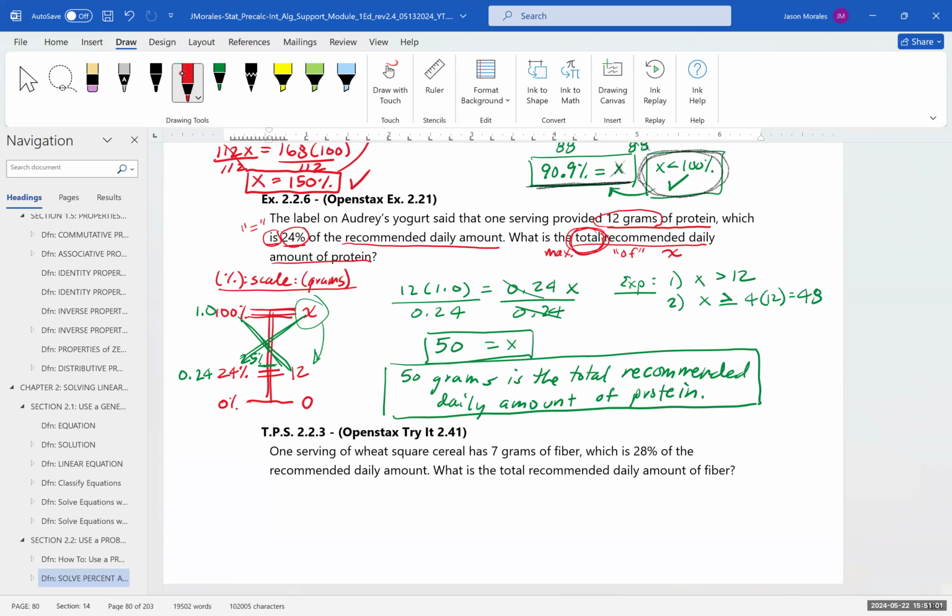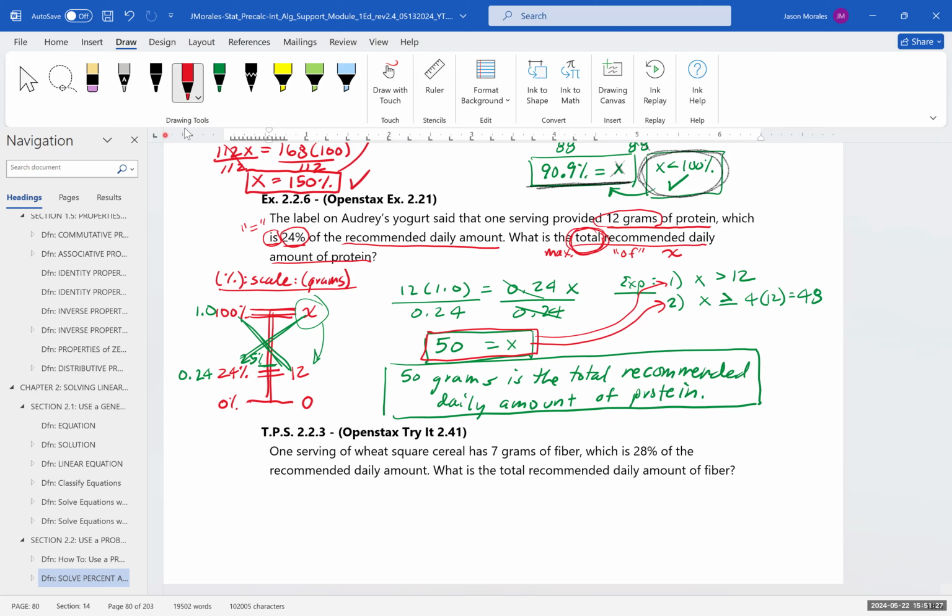And as we can see here, this answer of x equals 50 satisfies this first expectation that it's greater than 12. But then when we go a little bit further, and look a little harder for more detail, we can see that we expect our answer to be greater than or equal to 48. And 50 is greater than or equal to 48. So I feel really confident in that answer.